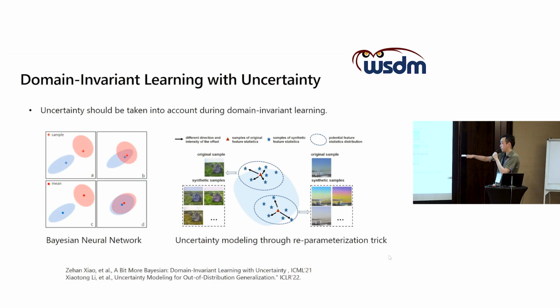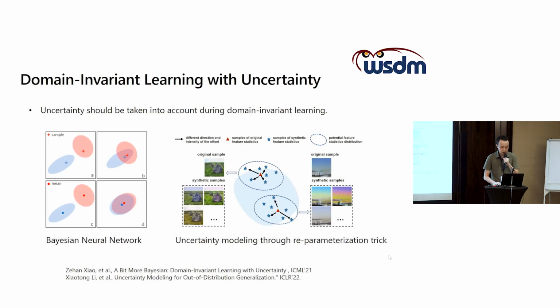Given the sample, we can do the sampling, so a sample is now considered to be a distribution. In other words, we can treat domain environment learning with uncertainty as another type of data augmentation, which helps us reduce the risk of overfitting.